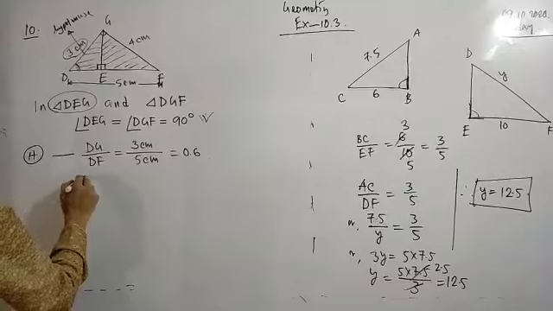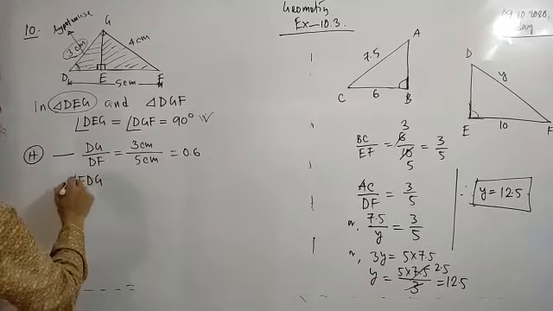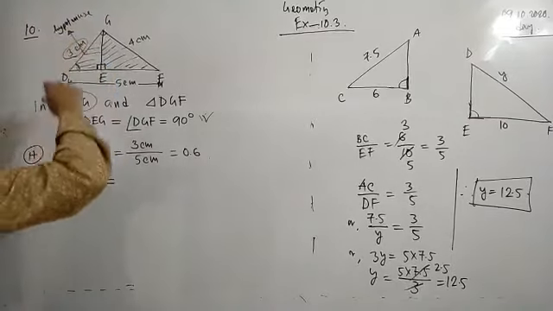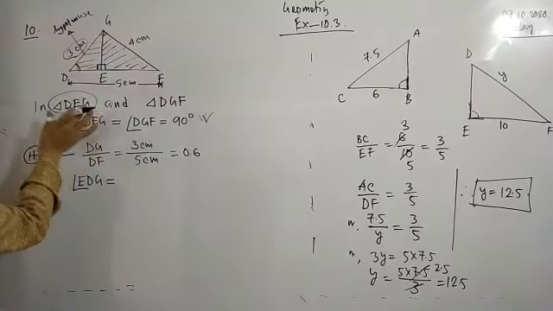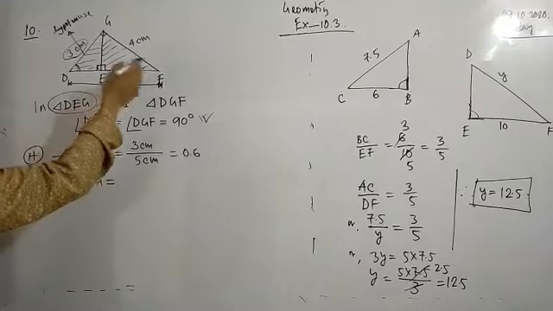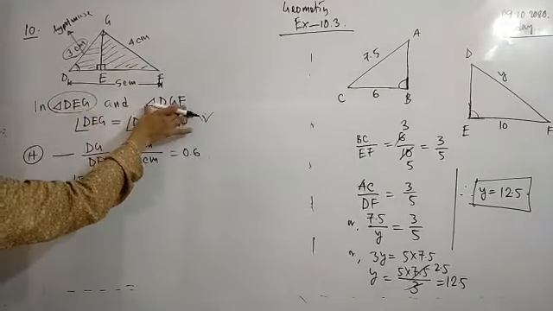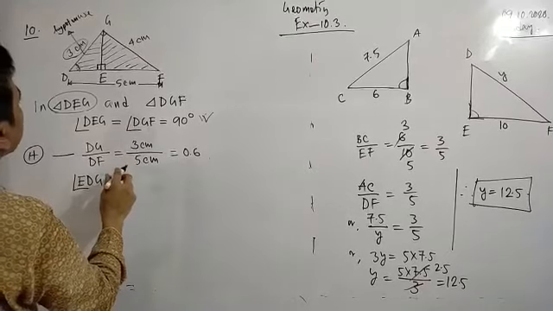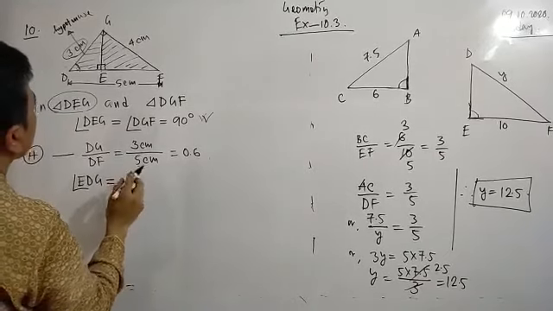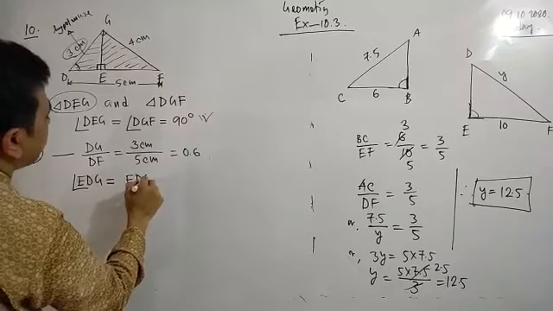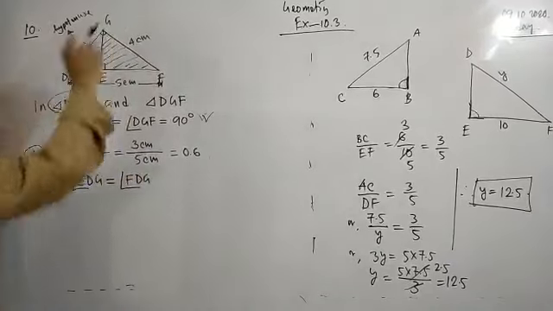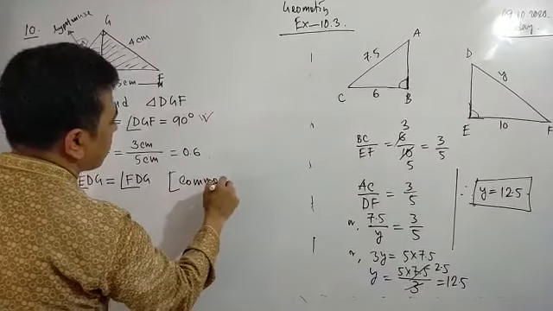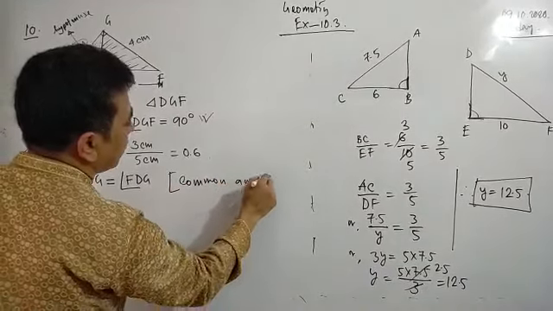So angle EDG for the small triangle is equal to angle FDG for the big triangle. It is the same angle, a common angle.